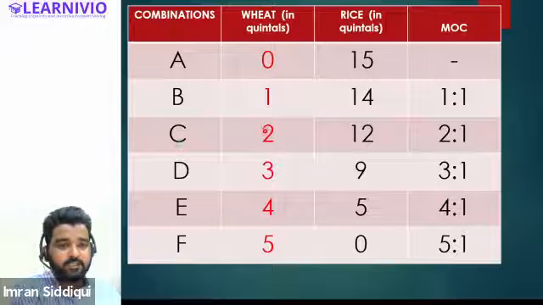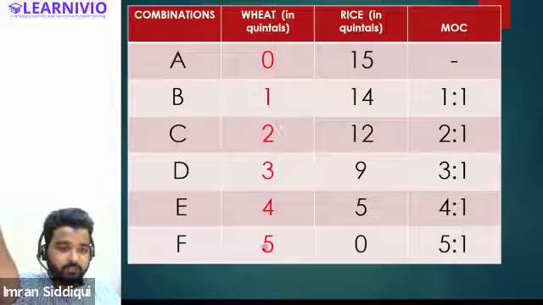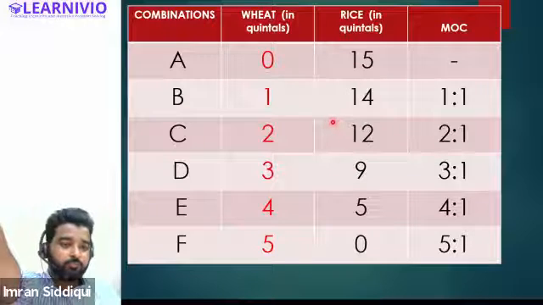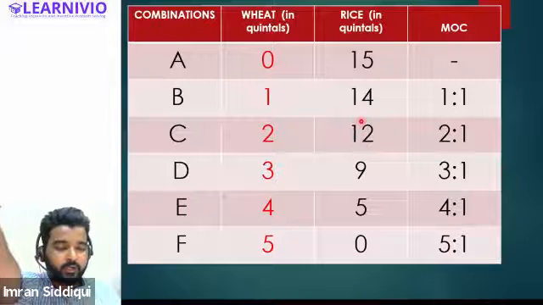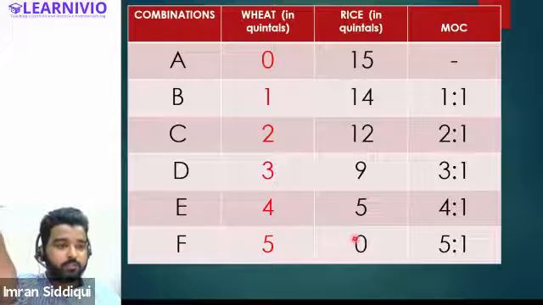Then if he wants to increase the production of wheat by 1 more unit, to 2 units, he will have to sacrifice more units. As he increases the production of wheat, he will have to sacrifice a certain number of units. So one thing you can notice here is that as we increase the production of one commodity, we are decreasing the quantity of the other commodity because of the limitation of resources.